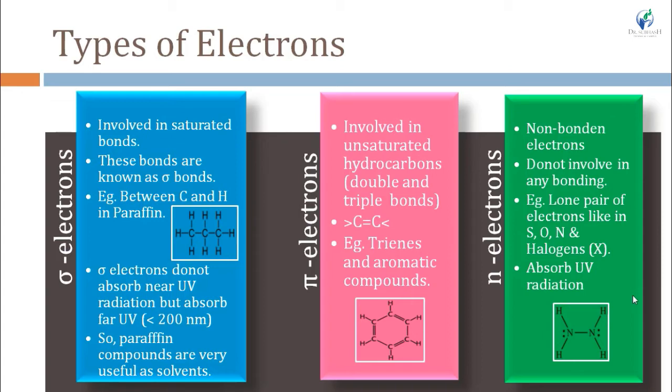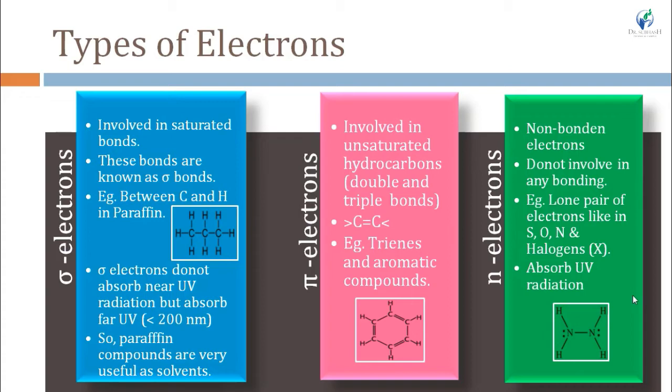Sigma electrons are involved in sigma bonds, which means single bonds, which means saturated bonds. Here the example of paraffin is taken. Paraffin means alkane. In any alkane, between carbon and hydrogen, a sigma bond, a single bond, a saturated bond exists. These sigma electrons do not absorb near UV radiation, but they absorb far UV radiation.